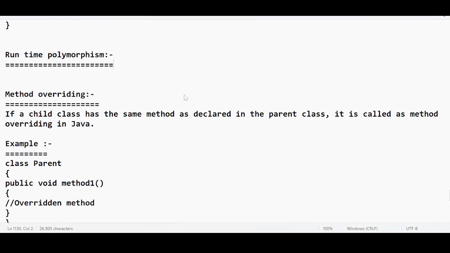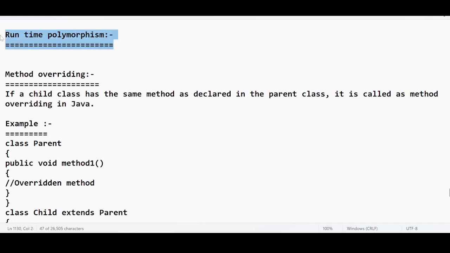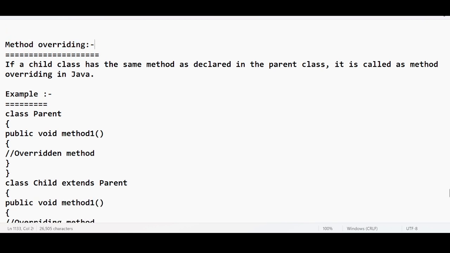Let us do a small recap. We were discussing runtime polymorphism, right? It is one of the subcategories of polymorphism, and runtime polymorphism is also called method overriding. What does method overriding really mean?